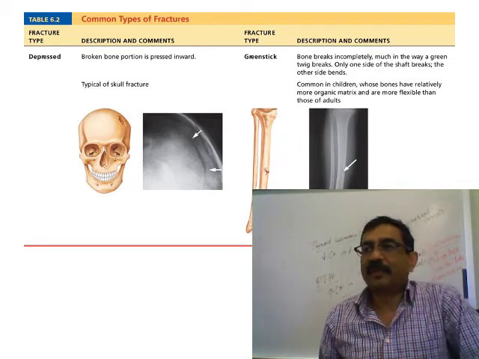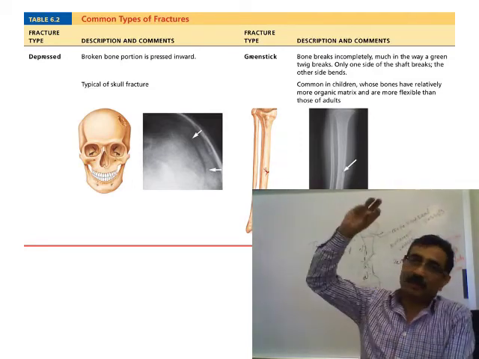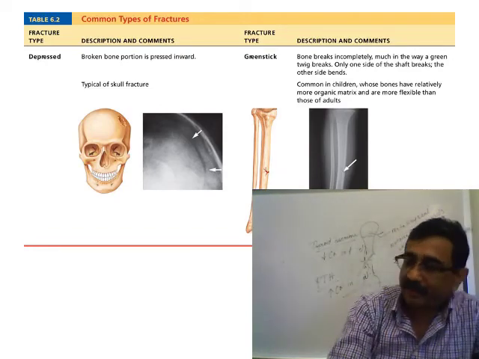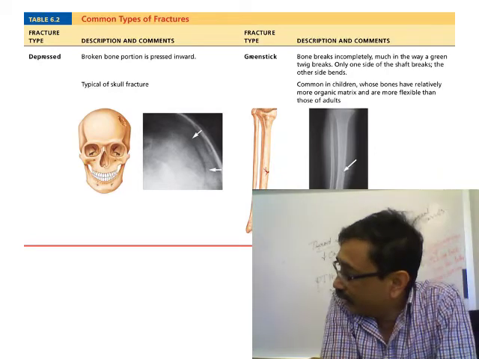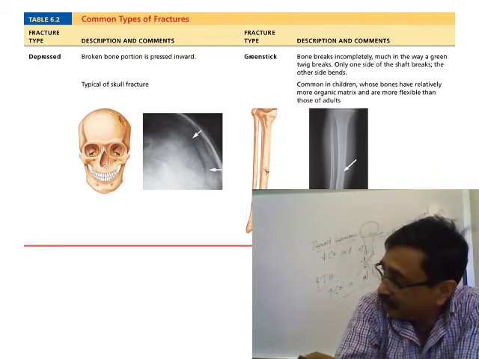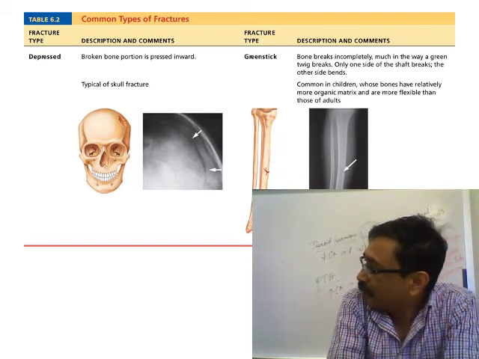For example, if something hits the skull from outside, the broken piece will go towards the brain. Usually a road accident or earthquake can cause that, and we see that kind of fracture in war.